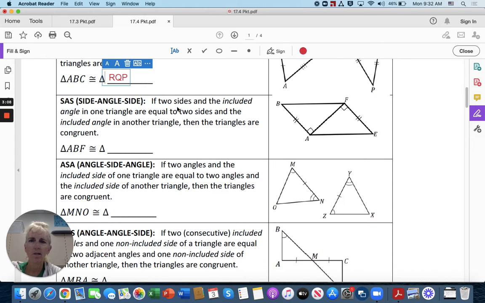The next criteria: if 2 sides and the included angle in one triangle are equal to 2 sides and the included angle in another triangle, then the triangles are congruent, known as side angle side.